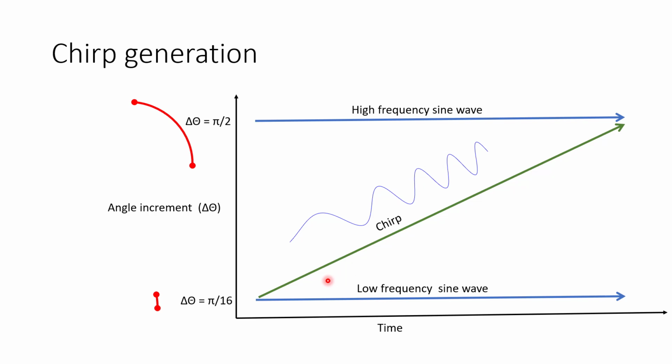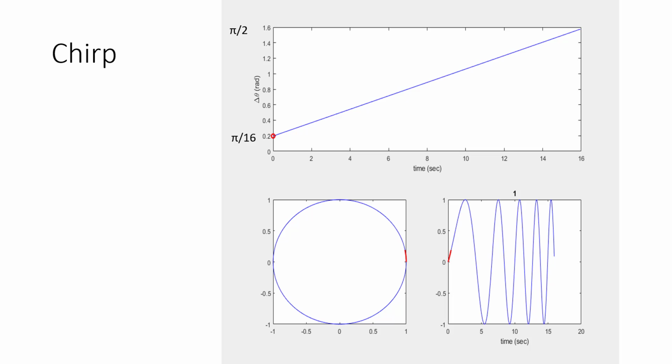And so if we see this method in practice, putting everything together, we see from our previous plot, we start by adding a small angle, which corresponds to a low frequency, and then we increase the step size of our addition until we get up to a large angle, which would correspond to that high frequency.